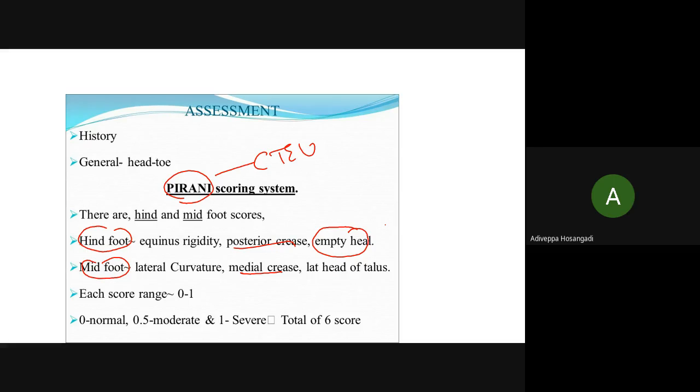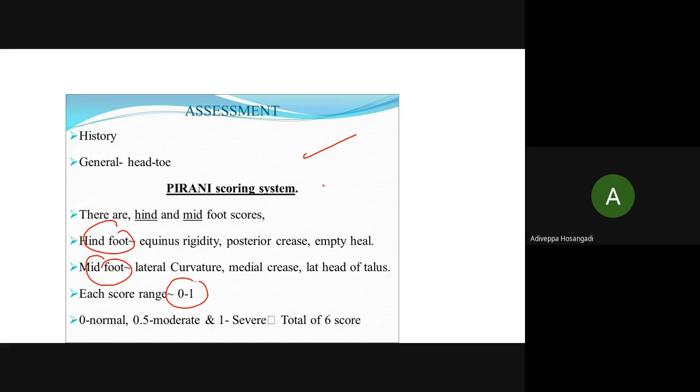The lateral head of the talus is subluxated on the dorsum. Don't try to get into the nitty-gritty of the scoring system. It requires hind foot and midfoot scoring from 0 to 1, mild, moderate, severe, maximum 6, which is also not so important.